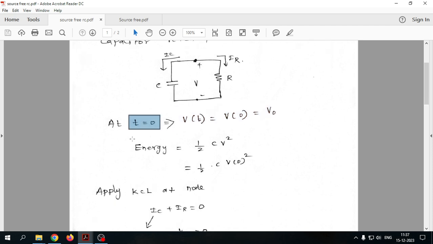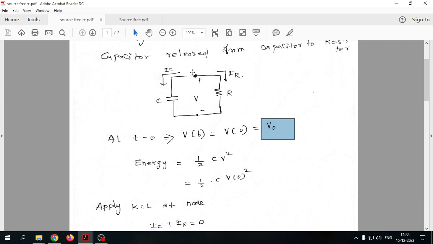We know the energy stored in the capacitor can be calculated as half C V squared. So the initial energy at t equal to 0 corresponds to V of 0, which is V naught. Whatever energy is stored here corresponds to V naught, which is considered the initial voltage.